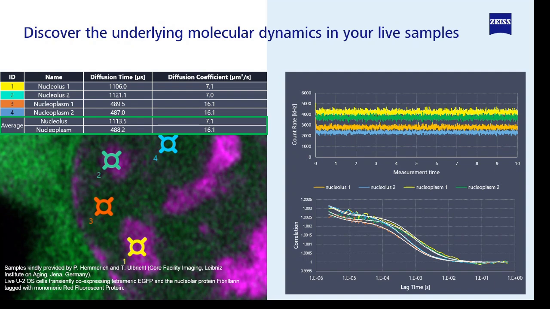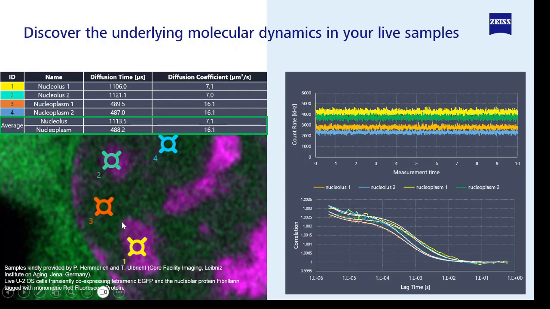This is the third example. This one is a U2OS cell, and the magenta is the protein fibrillarin. People want to understand the molecular dynamics of fibrillarin in the nucleolus and in the nucleoplasm.